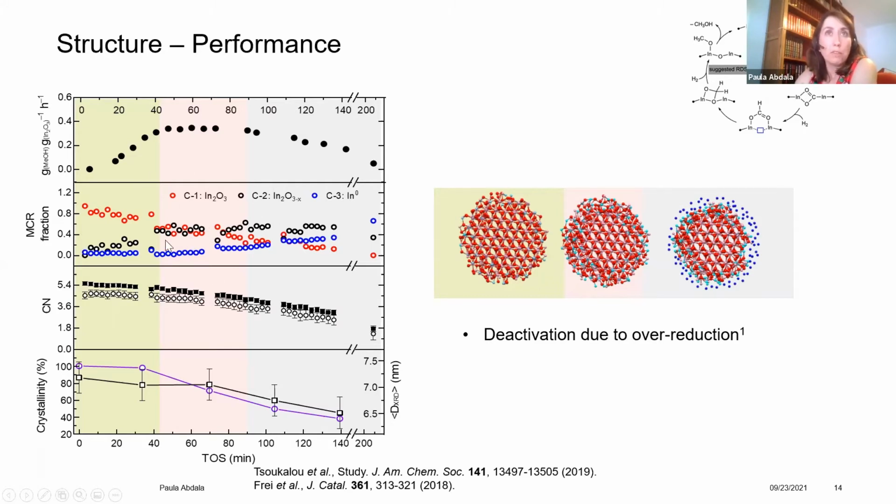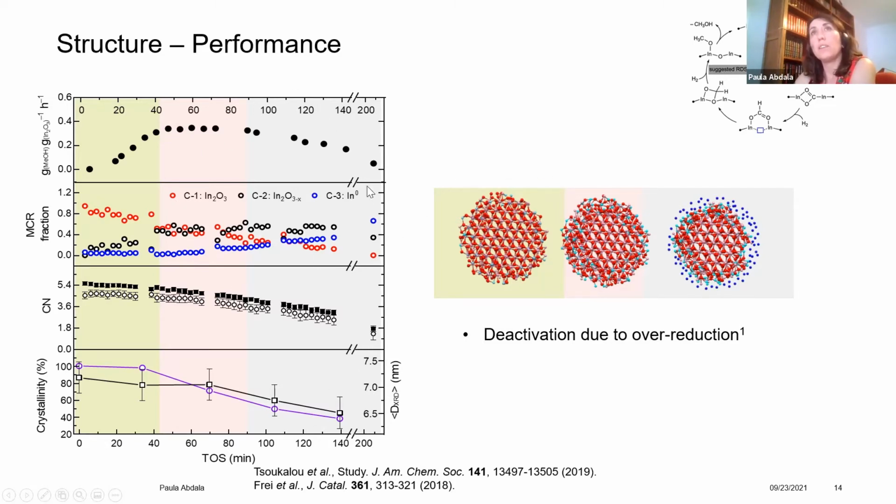In the stable performance, we can see the presence of this intermediate state is more pronounced, and this partially reduced indium oxide is likely the most active state of the material. This is in line with previous studies that suggested that oxygen vacancies play a key role in the activation of hydrogen.